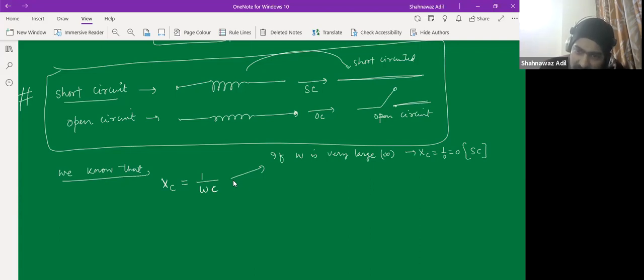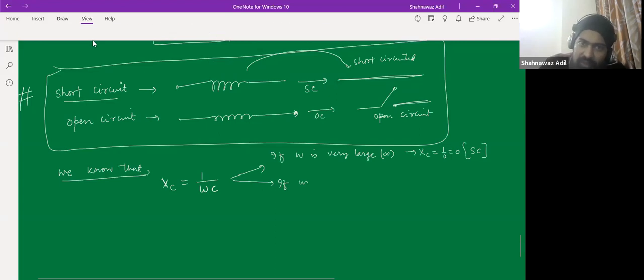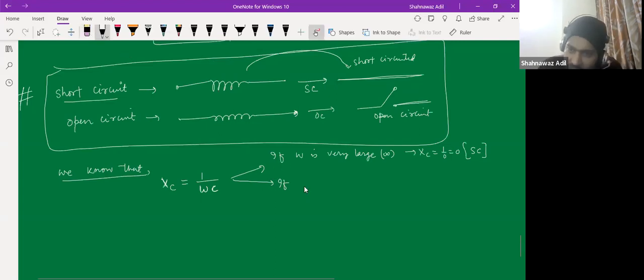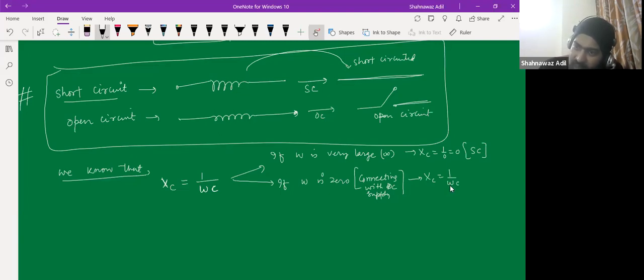Is it clear? And if this omega is 0, let's say you connect it with DC supply, then XC would be 1 by omega C. This omega is 0, so 1 by 0 is undefined.